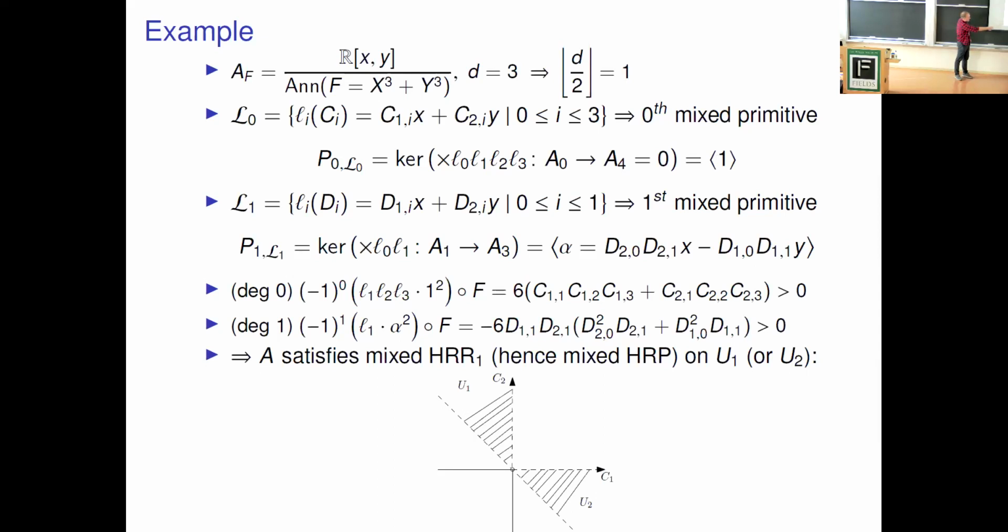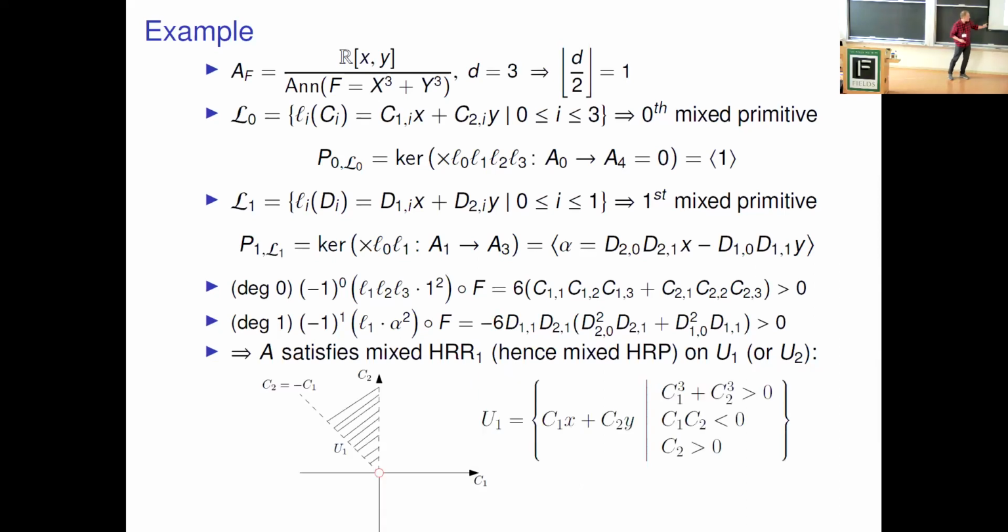So for example, I could choose L0, L1, L2 from one of these cones, but I claim that there's always a choice of an L3 in the other cone that will mess up one of these inequalities. So what I'm saying is you can't choose all your linear forms from both cones simultaneously. You have to pick one or the other.